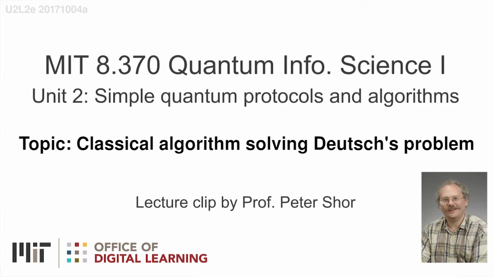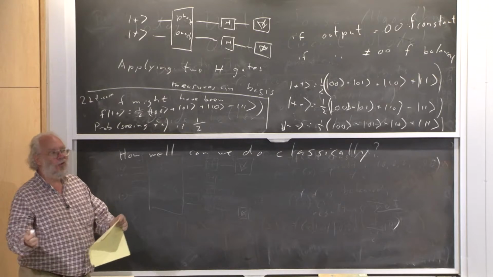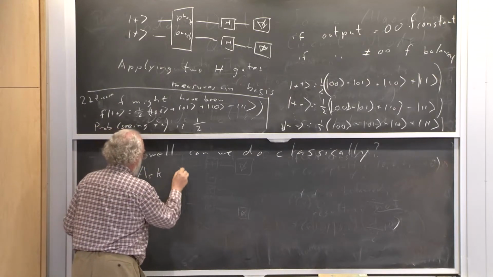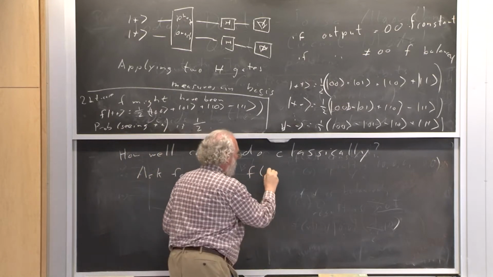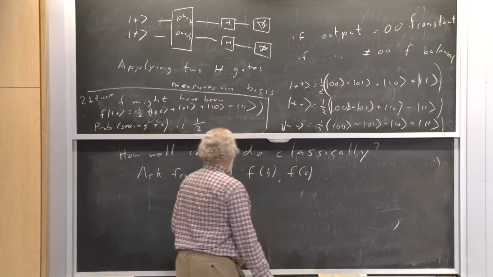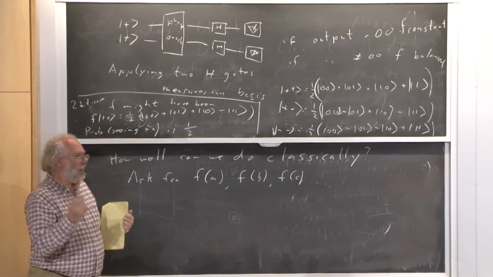So how well can we do classically? What we can do classically is basically ask the oracle for a value. Ask for f of a, f of b, f of c. So how many do we need to know that the function is not constant?